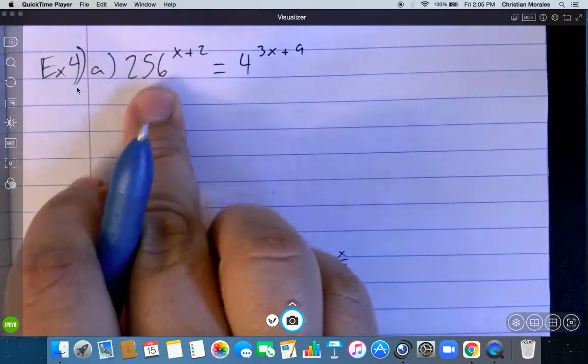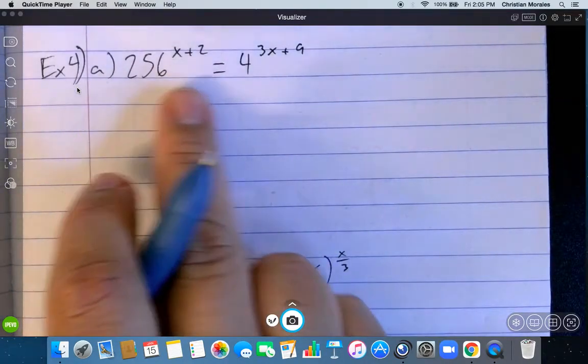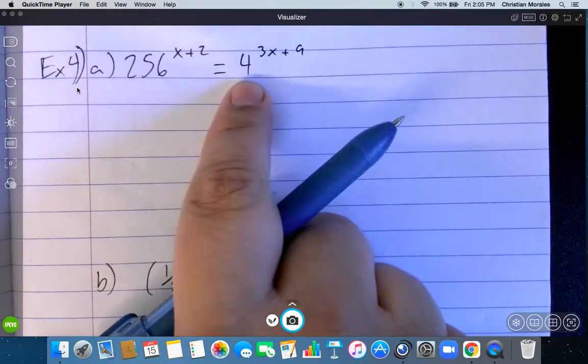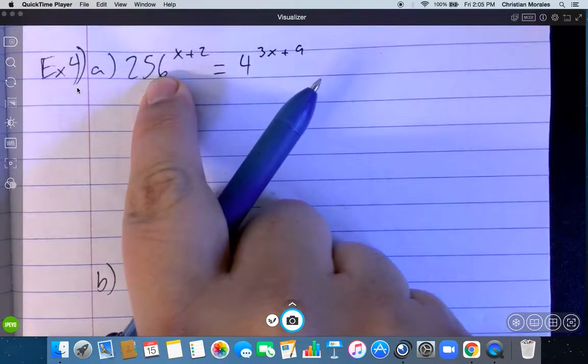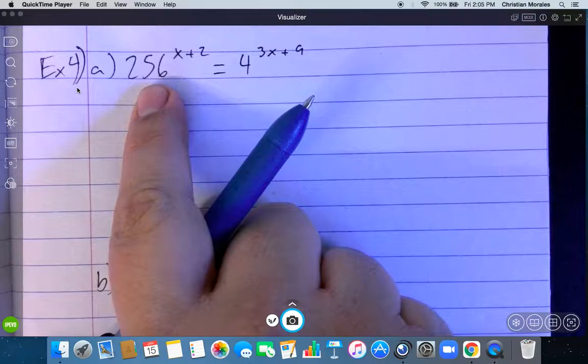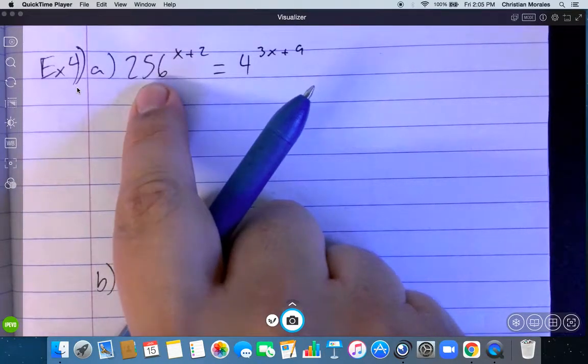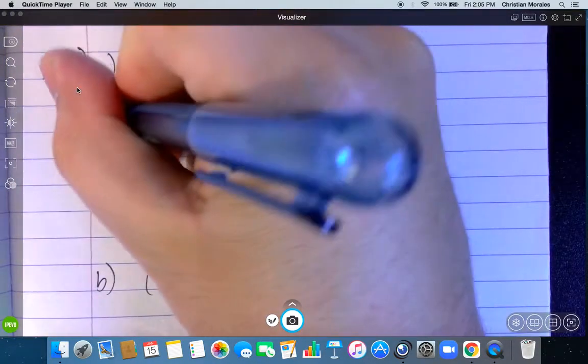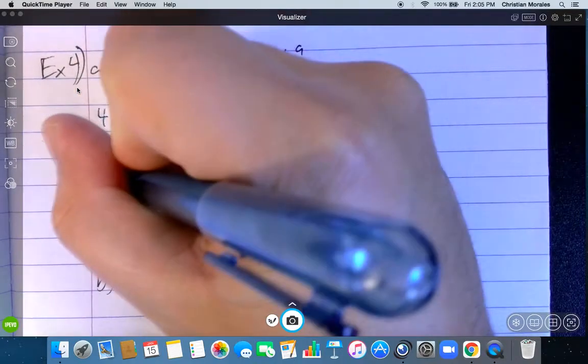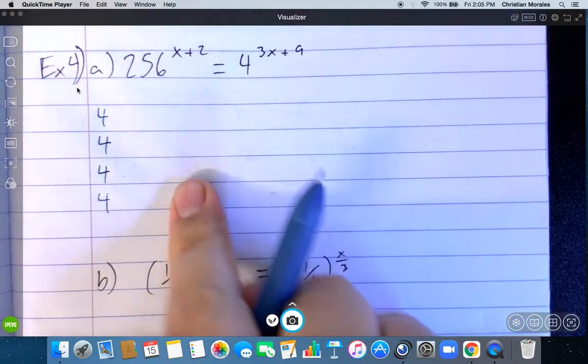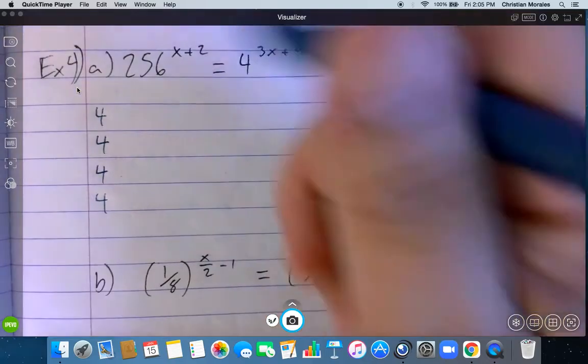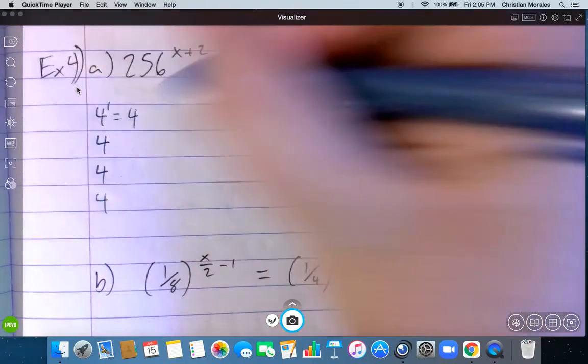Here, what if the bases are not the same? You have to make the bases the same. So you notice this is a 4, this is 256. The easiest way to do this is to take the bigger number and figure out how to make that into a 4. What do I mean by that? Well, 4 to the 1 power is 4.